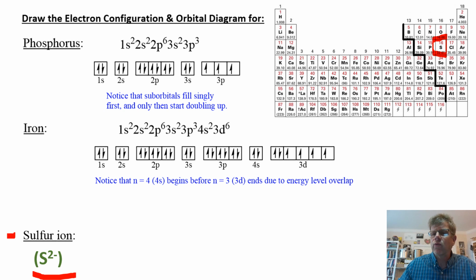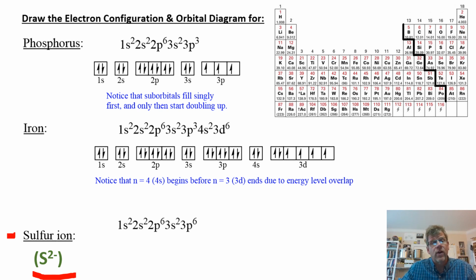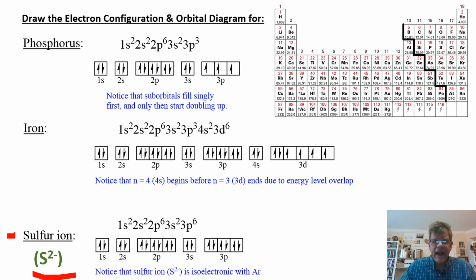So really, notice what we're doing here. The 18-electron element is argon. So for drawing the electron configuration and orbital diagram for the sulfur ion, we're really drawing it for argon. And indeed, that's what it is, because we have 2 extra electrons.